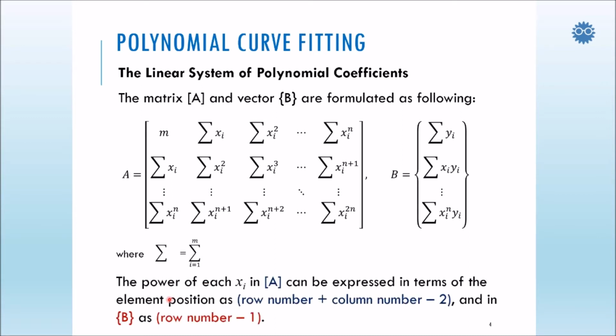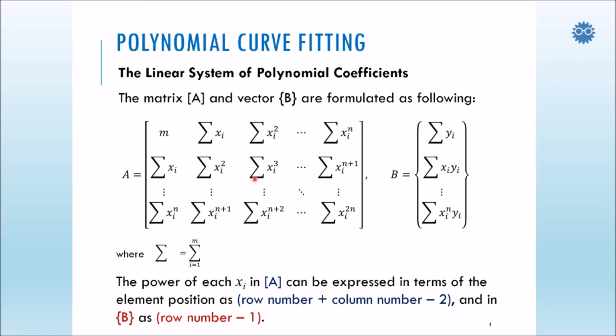Now, if we concentrate on each element here, we shall notice simply that there are relations between the power of each x term in matrix A and matrix B and their location.